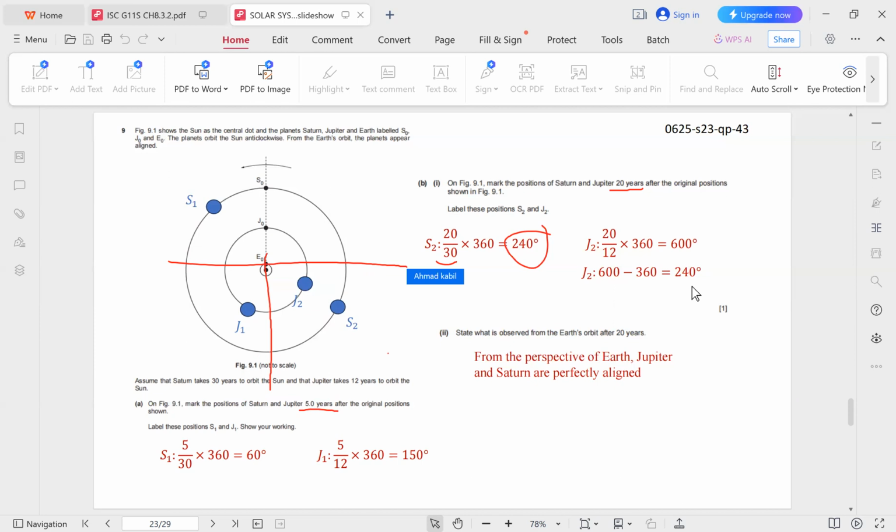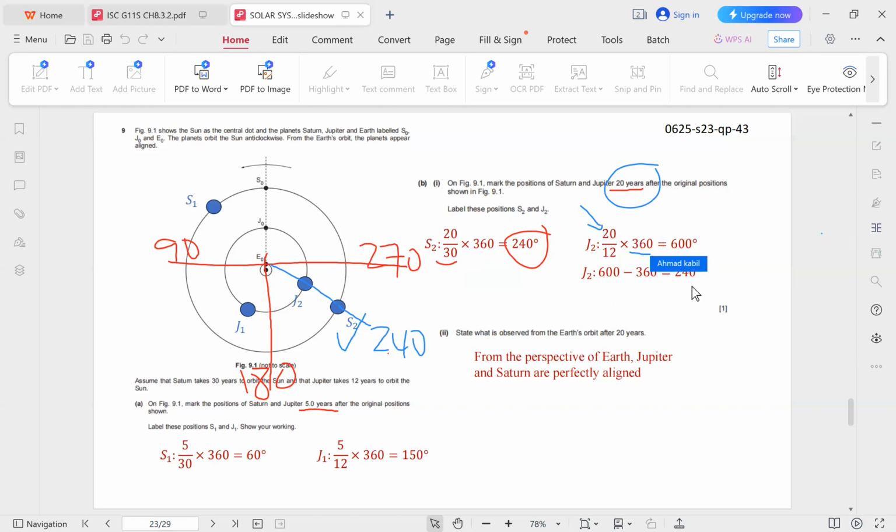So this would be 90, this would be 180, this would be 270, and this is a good estimate here for 240. So Saturn seems correct. Let's move on to Jupiter. Jupiter takes 12 years, and it has been rotating for 20 years. So 20 over 12, and we get a number that is actually larger than 1, and that's okay.